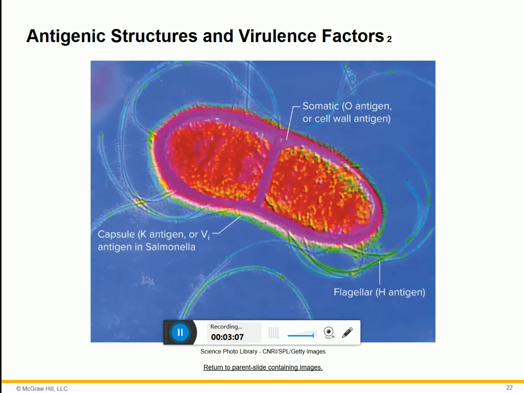Here you can see a breakdown of these antigens. So again, the flagella, that's the H antigen, the capsule, that's the K antigen, and the somatic antigen found in the cell wall lipopolysaccharides, that's the O antigen. Remember that the O antigen is found in all of them, while the K and H antigens are found in most of them, but not all.